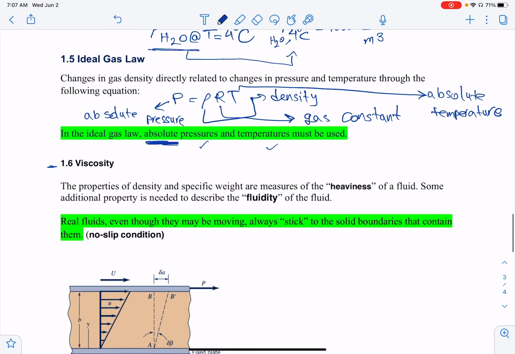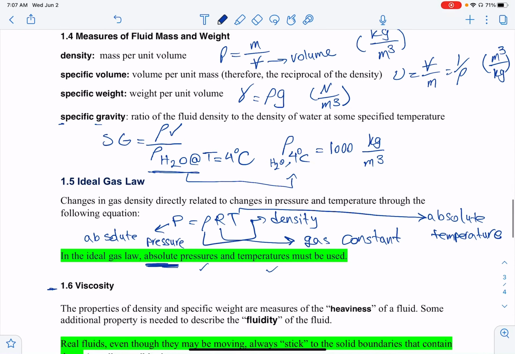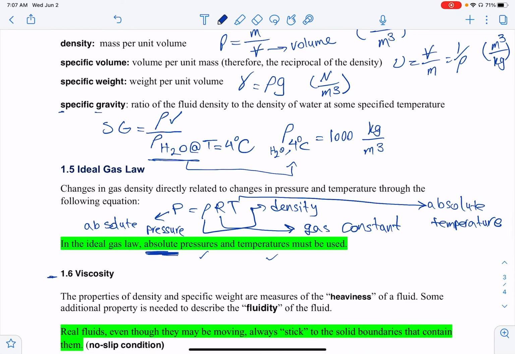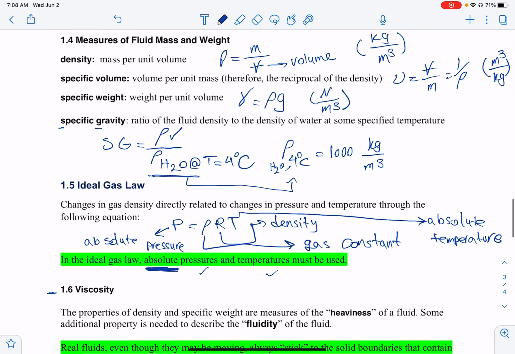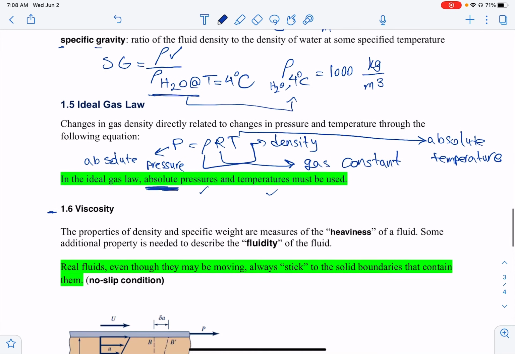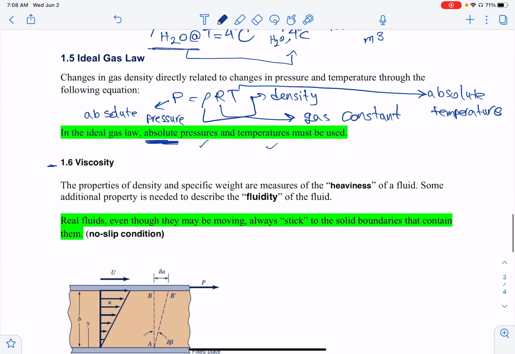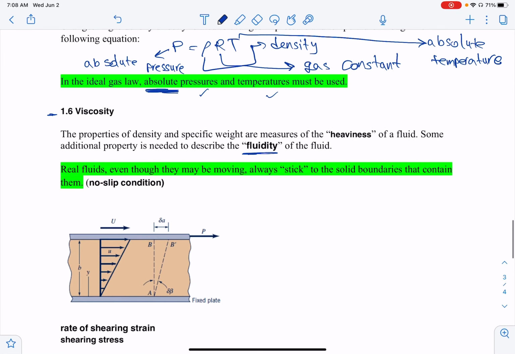When we are talking about a fluid, if we say the density of the fluid is this, or the specific volume is that, it just shows the heaviness of the fluid. But we always need to know the fluidity of a fluid. Viscosity can describe it. This is why we need viscosity.